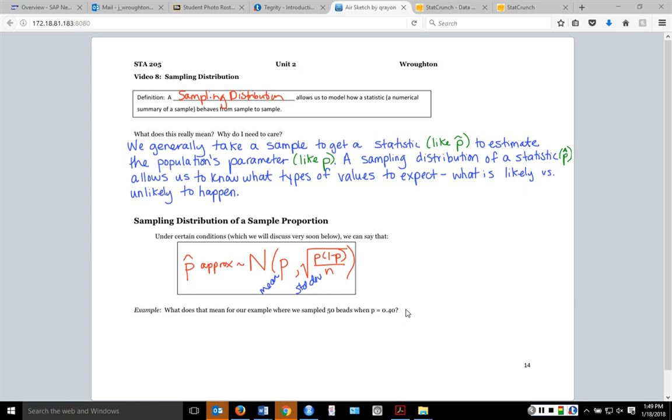What that would mean for us is that p hat, which in this case is our sample proportion of black beads, will be approximately distributed normal with a mean of 40%.